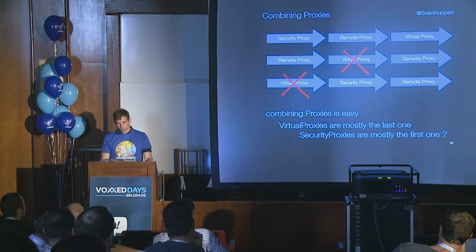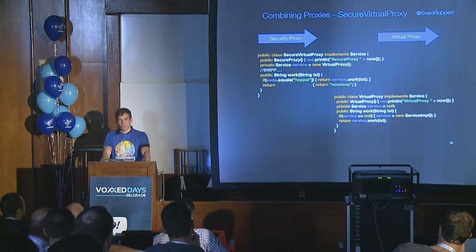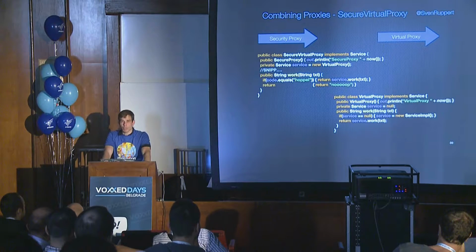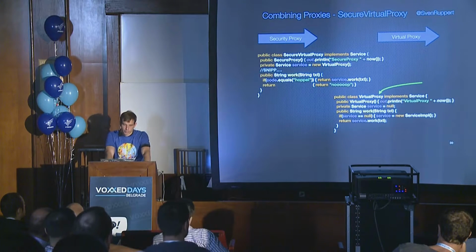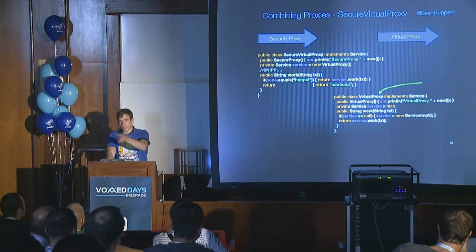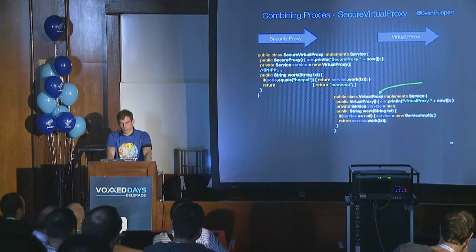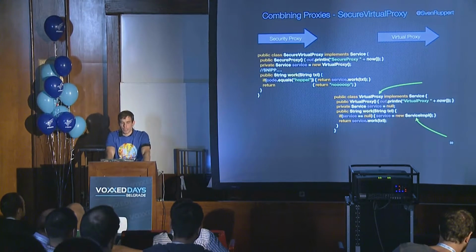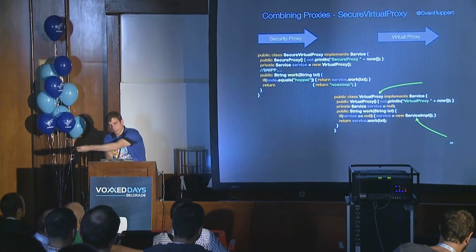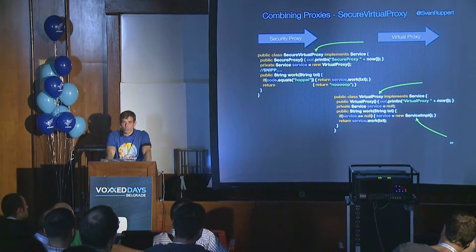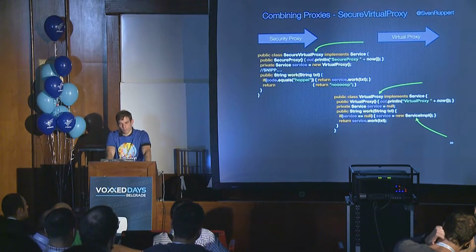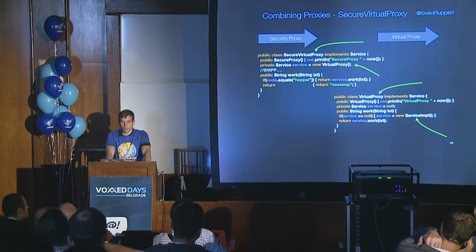So you can't change the combination, you have different meanings. But if we want to see, we had the security proxy implementation and we had the virtual proxy implementation. What we have to do now, if we want to write it by hand, is we are writing a virtual proxy in the same way we have done it before, without strategy and all this stuff, only to make it easy. And then I have the original one, the last one in the line that is created. And then I have a combination, a secure virtual proxy that is working on a virtual proxy.